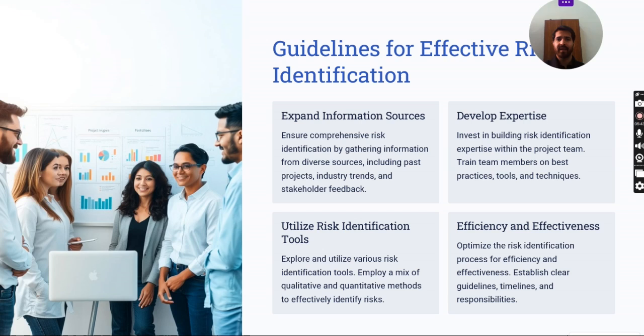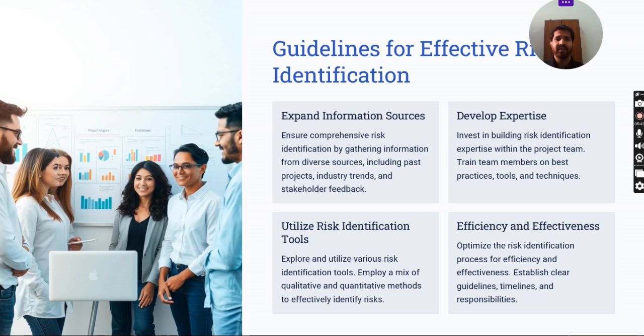So in the next slides I have listed 4 guidelines for effective risk identification. These guidelines are: expand the sources of information to ensure that all potential risks that could threaten the project are identified. The second one is develop expertise in identifying risks by training team members in best practices and techniques.